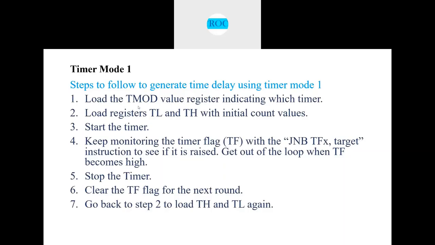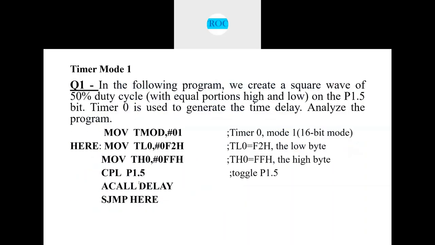First, we are loading the TMOD register. After that, we are loading the TL and TH registers with the initial count. In this example, the initial count is FF, the higher byte, and the lower byte is F2, FFF2, right? Next, we complement P1.5 and call delay.